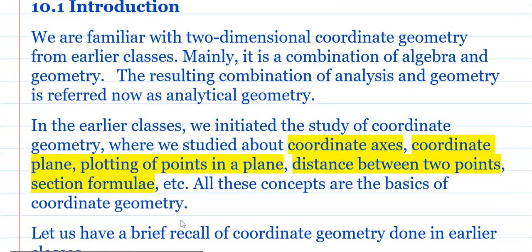Introduction. We are familiar with two-dimensional coordinate geometry from earlier classes. Mainly, it is a combination of algebra and geometry. The resulting combination of analysis and geometry is now referred to as analytical geometry.